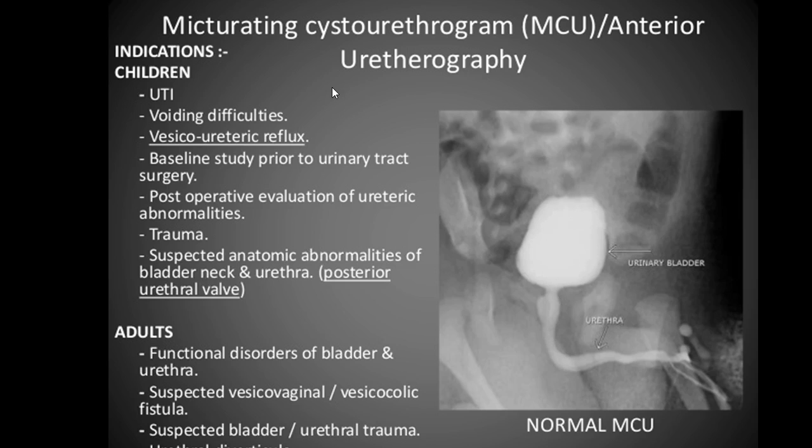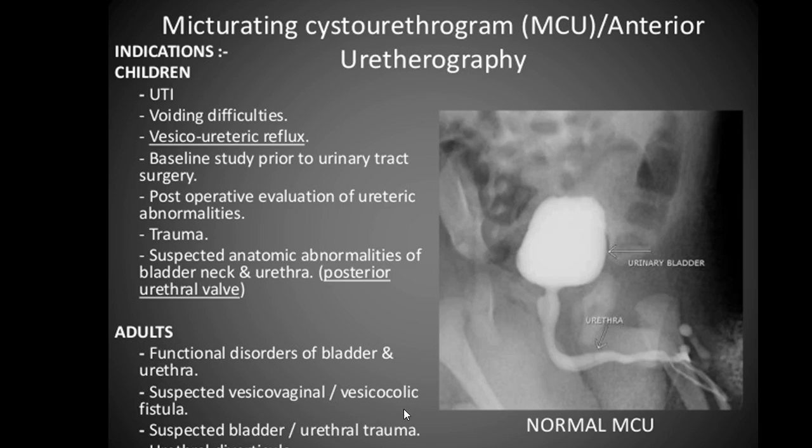This is of importance for the diagnosis of the various diseases of the bladder, like UTI, voiding difficulties, vesicoureteric reflux, etc. In the case of trauma, there is a suspected anomaly of the bladder neck and urethra. In adults, it is of use in the functional disorders of the bladder.